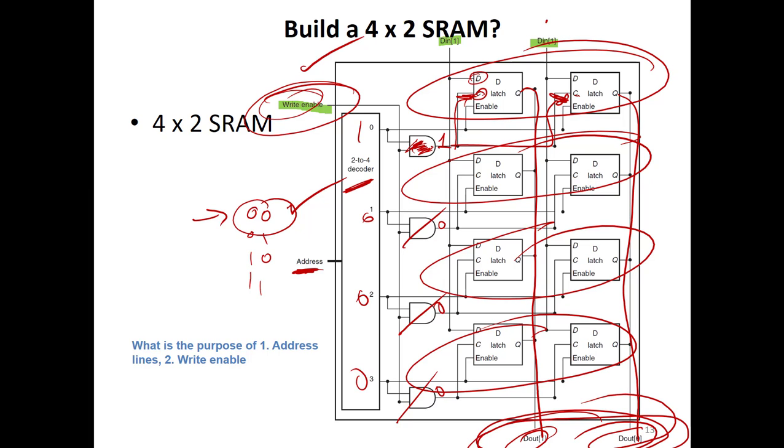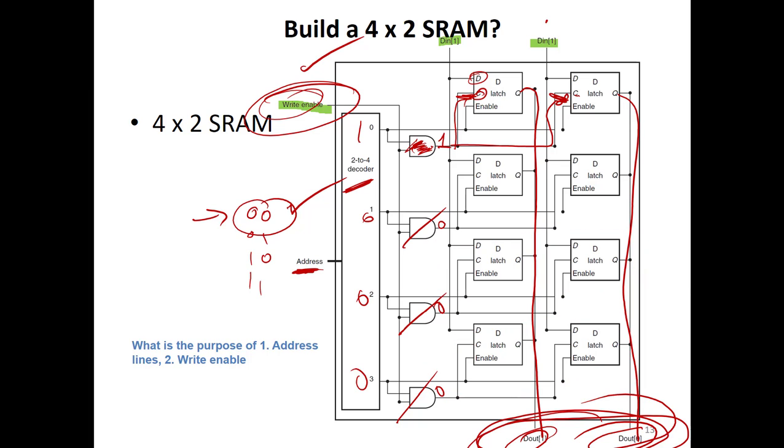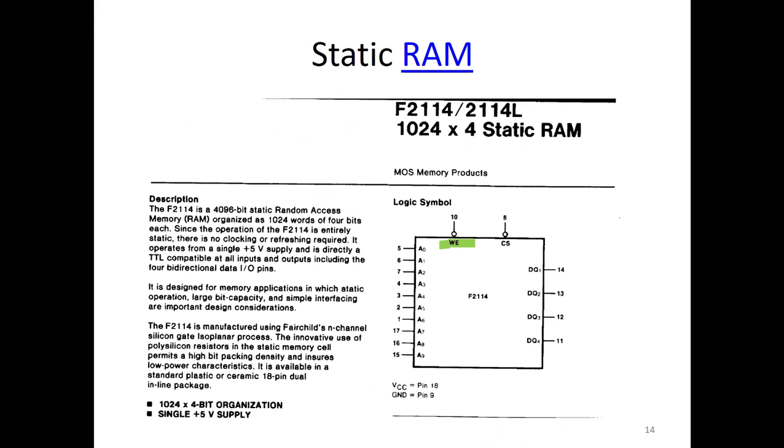So in this case, it's a 4 by 2 static RAM. So there are 4 places for values, each one of them 2 bits in width. So that's the word size. So that is a review of that static RAM.